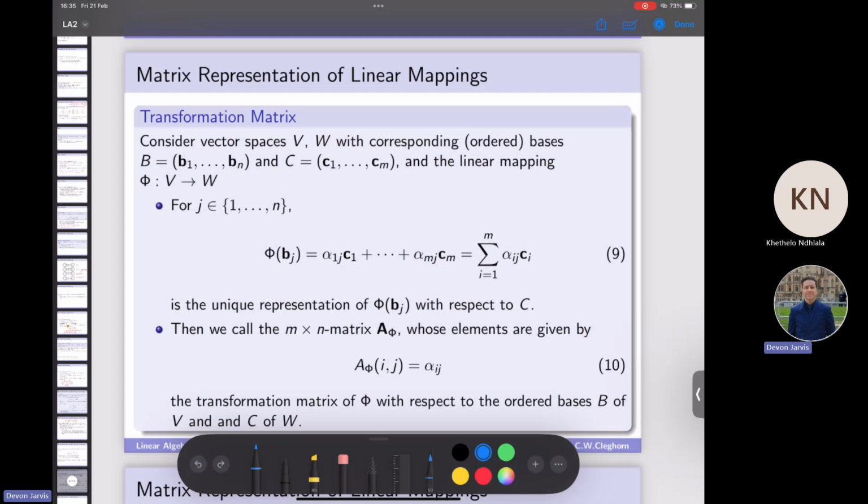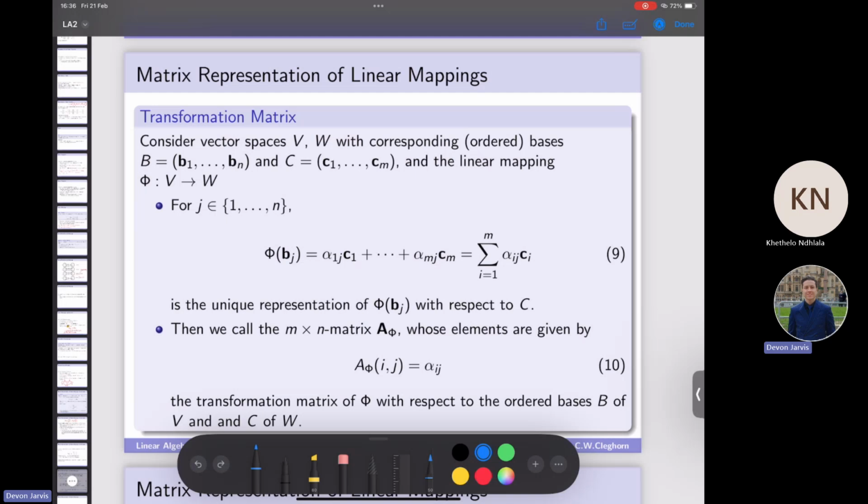When we take all of those coordinates for one of those vectors, exactly as I was doing when I started that blue-red example, we put them into a matrix A, where the first column is the coordinates of my first basis vector in terms of my new basis.